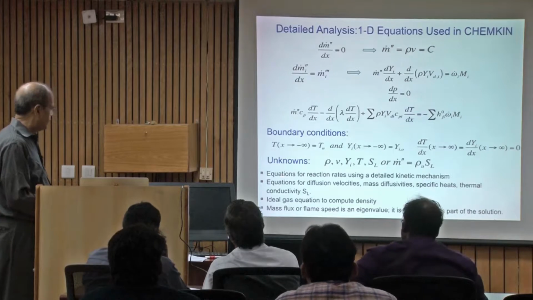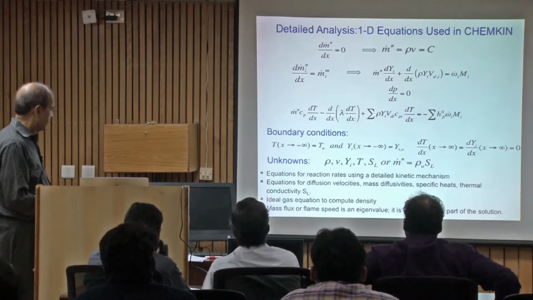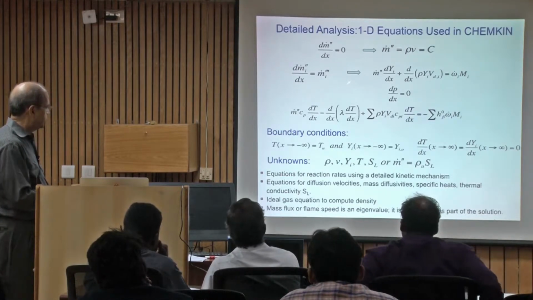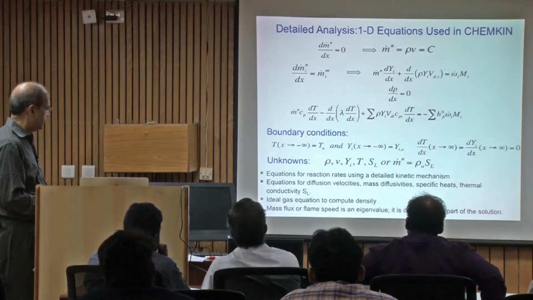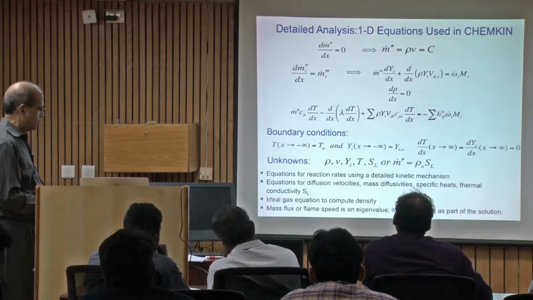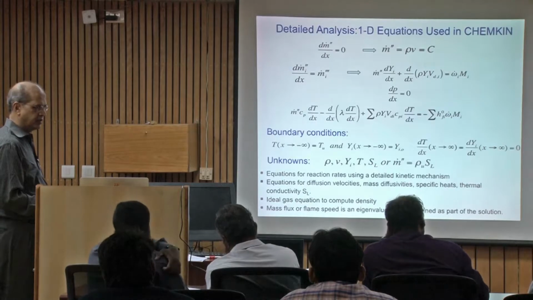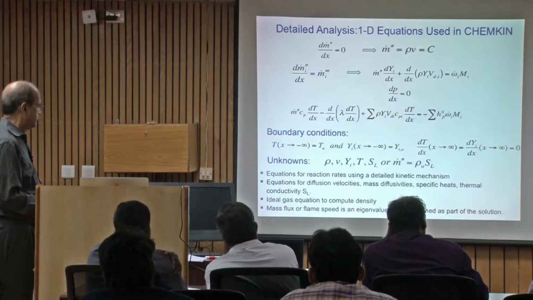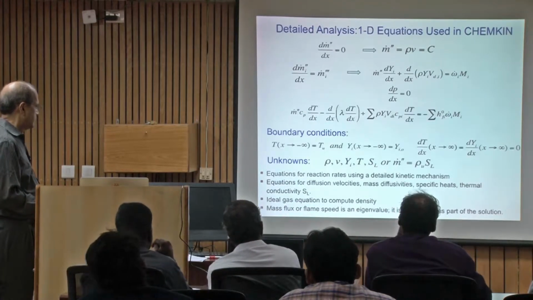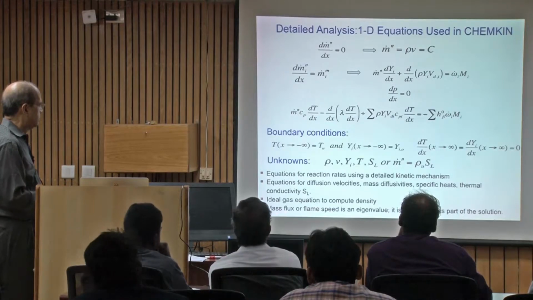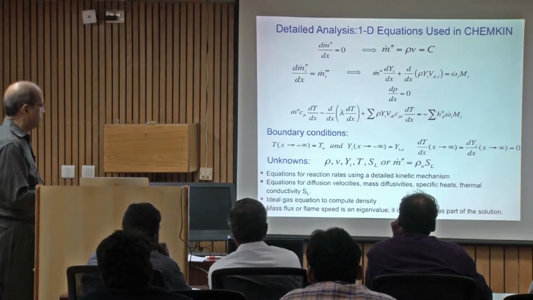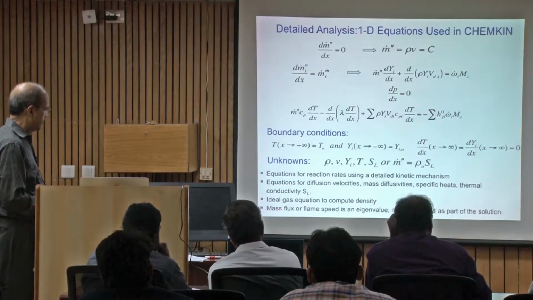So you will need all those files. And of course, in addition to these equations, you have the ideal gas equation, which is used to calculate density. This equation is used to calculate velocity.